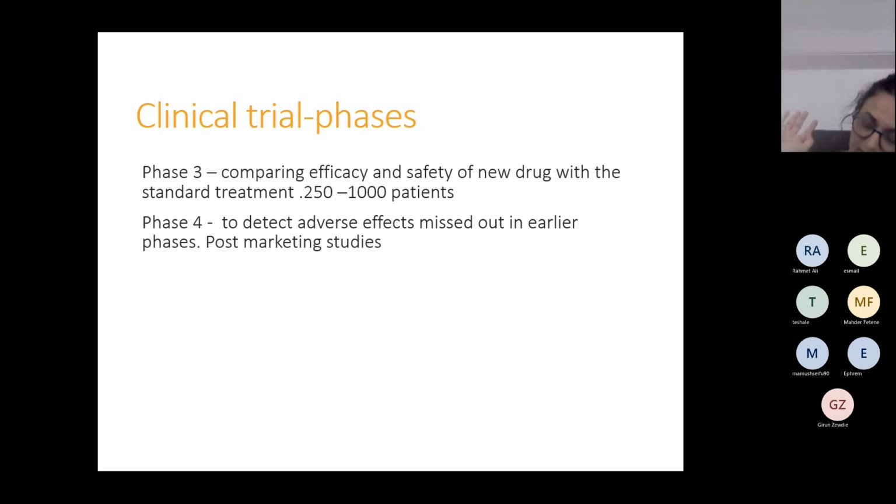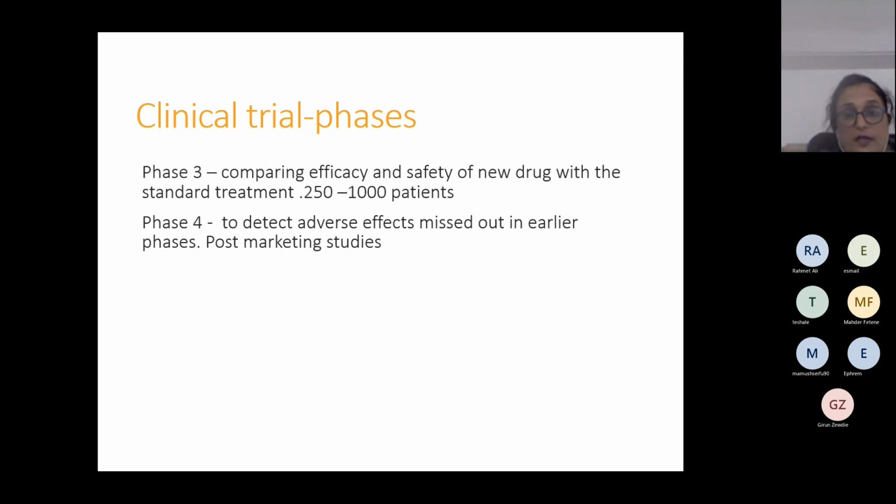Then the US FDA will give approval for the combination or the drug. So the phase 3 trial is the one which actually decides whether this combination or the drug is suitable for this particular group of patients or not. So this is the most important phase for us.